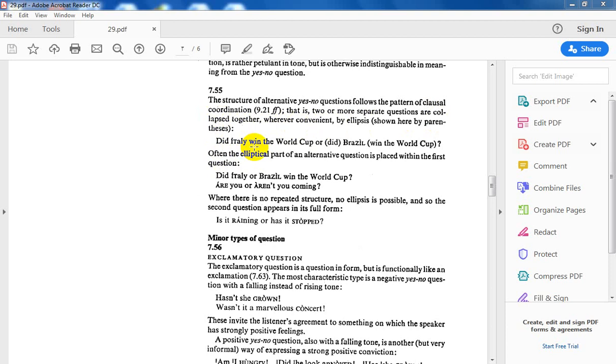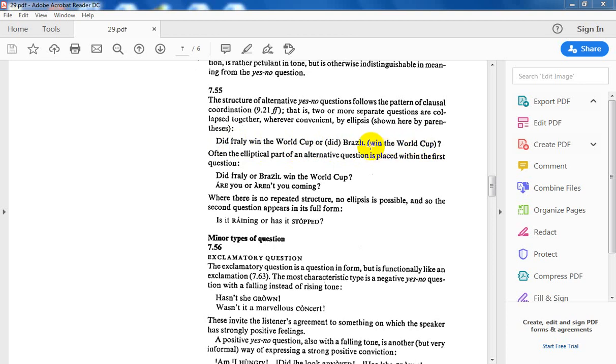Did Italy win the World Cup or Brazil? The normal form would be: Did Italy win the World Cup or did Brazil win the World Cup?